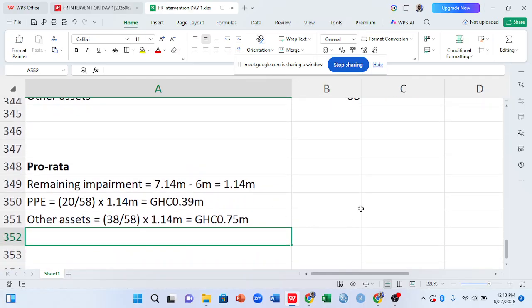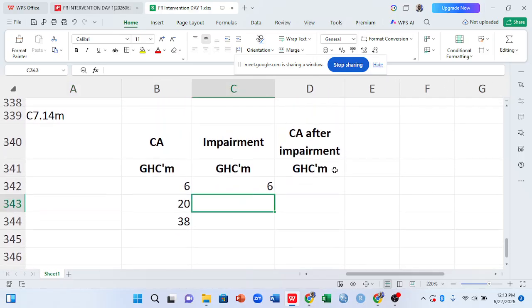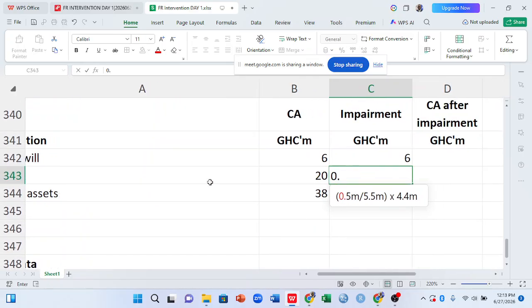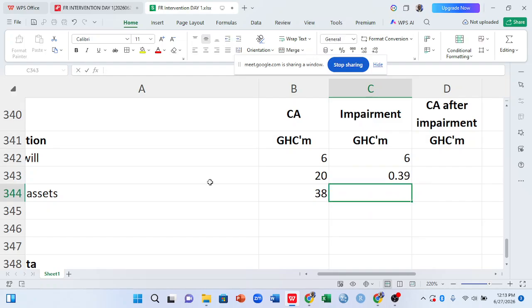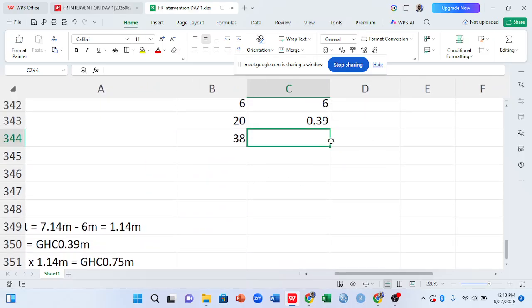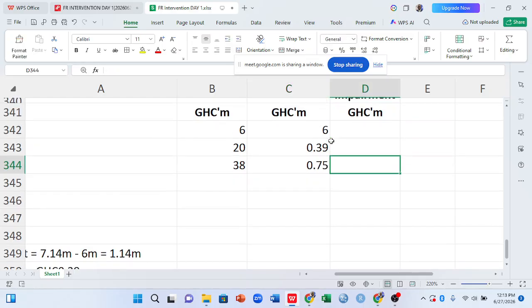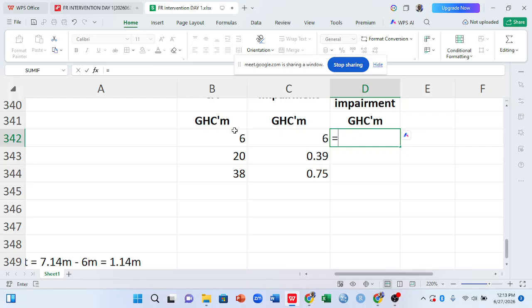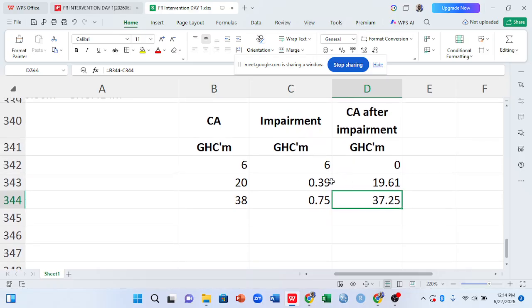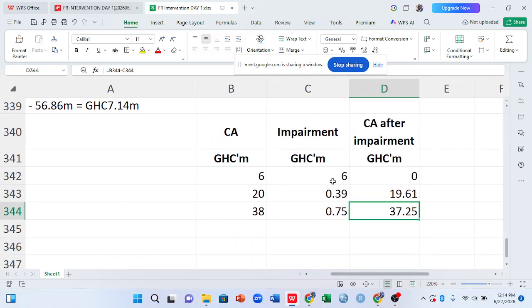You bring their values here: 0.39 and then 0.75. So we deduct that, and this becomes the carrying amount after impairment. So basically, you are done after this point.